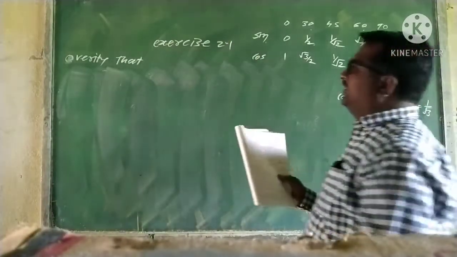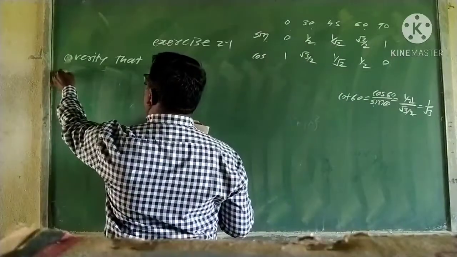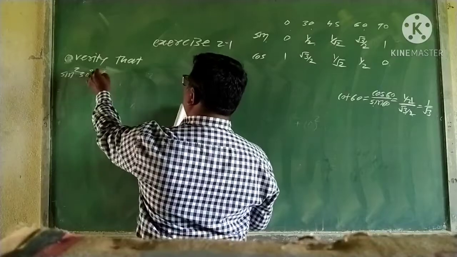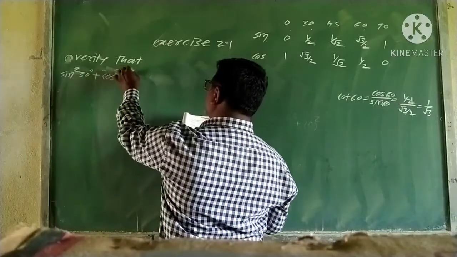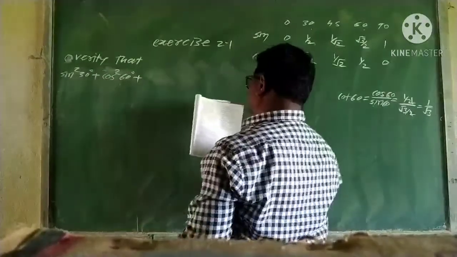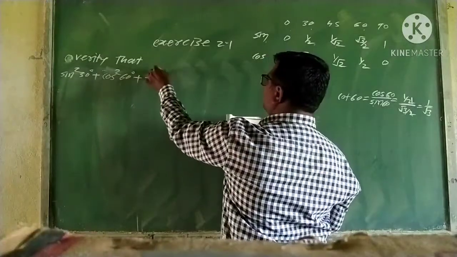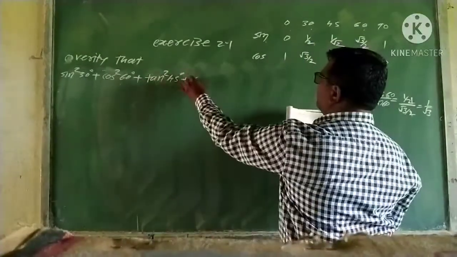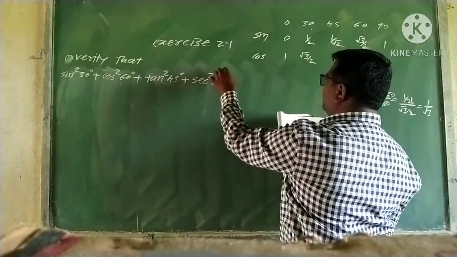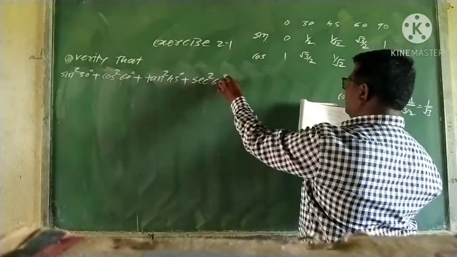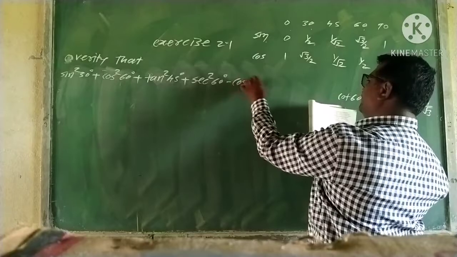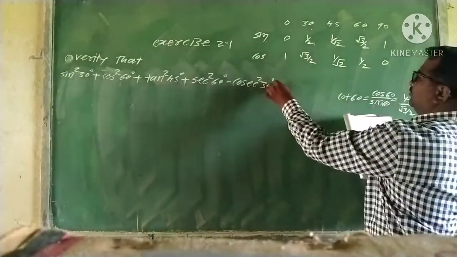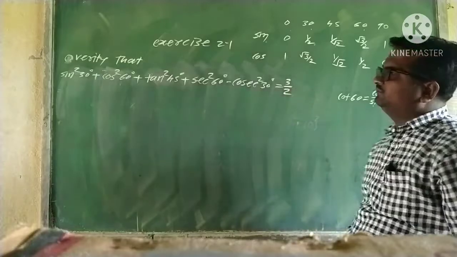Now sin square of 30 degree plus cos square of 60 degree plus tan square of 45 degree plus sec square of 60 degree minus cosec square of 30 degree is equal to 3 divided by 2.